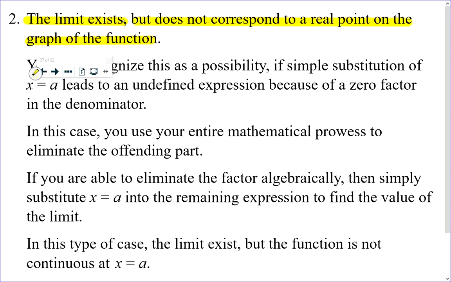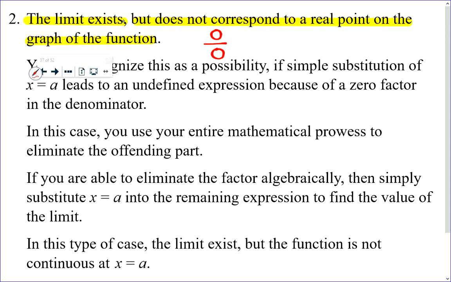And you will know this is the case when you put x equals a in and you get 0 over 0. If you get 0 over 0, then the limit most likely exists, and your job is to use everything in your mathematical repertoire to eliminate the factors that are producing the zeros, and then substitute x equals that number into the remaining expression.